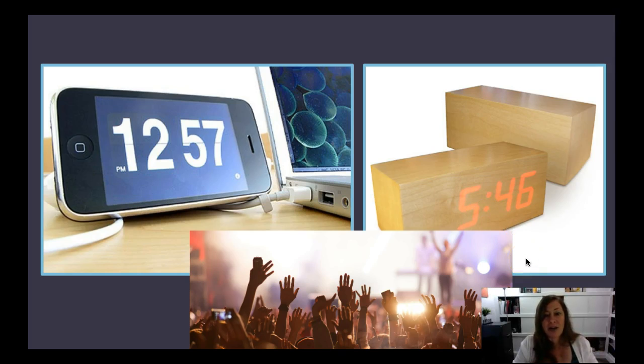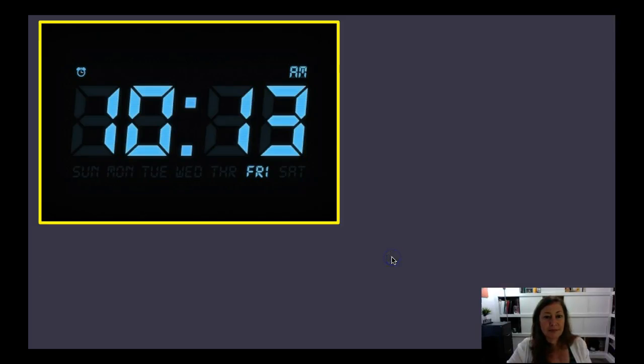What about here? Hay un concierto de música. ¿A qué hora es el concierto de música? Let's say the concert starts at 6. El concierto es a las 6 de la tarde, en punto. Aquí, ¿qué hora es?